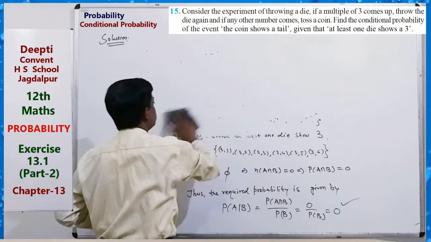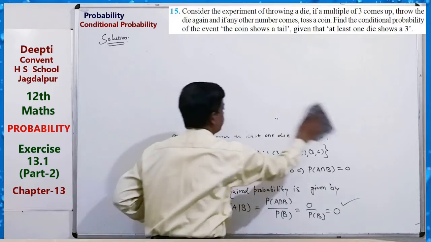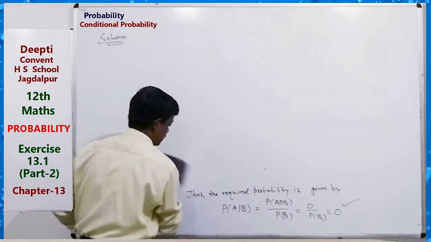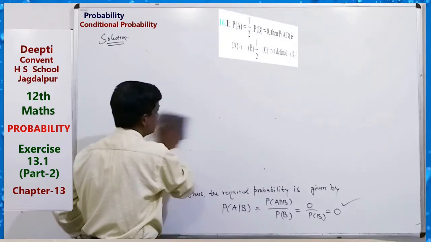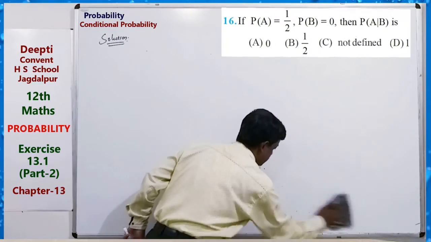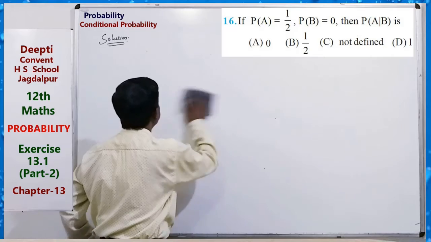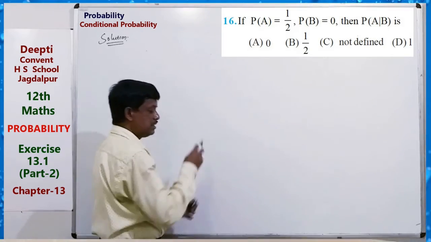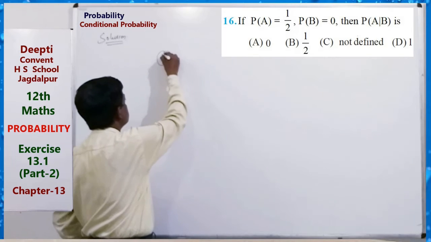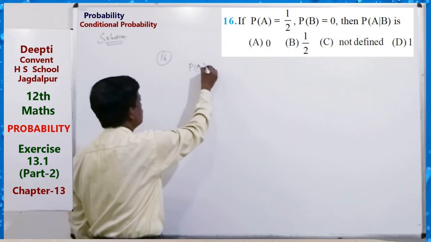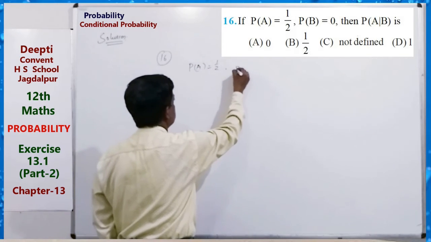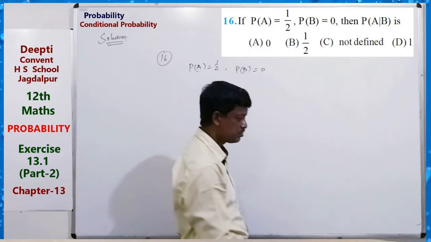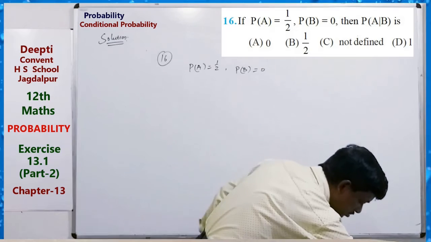Okay. Question 16. Question 16 is P(A) equals 1 by 2, P(B) equals 0.